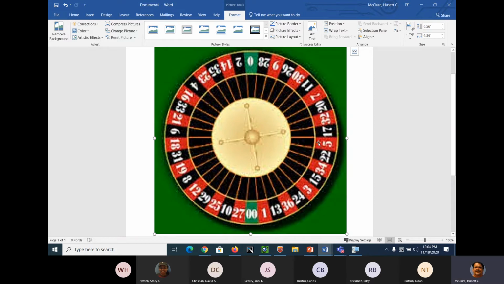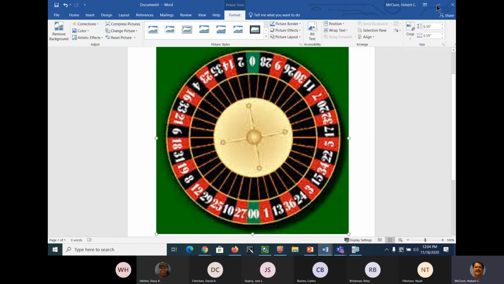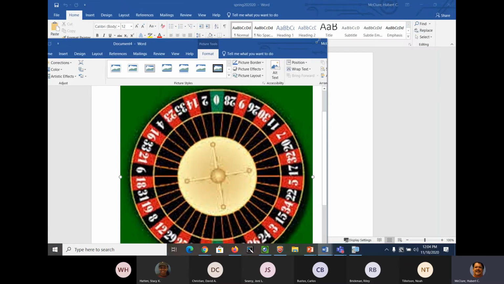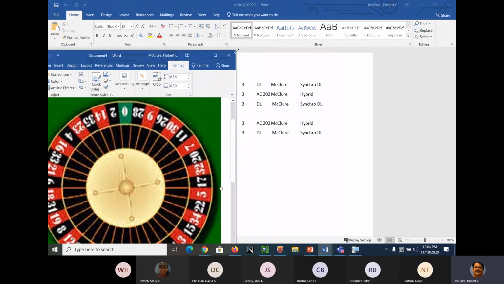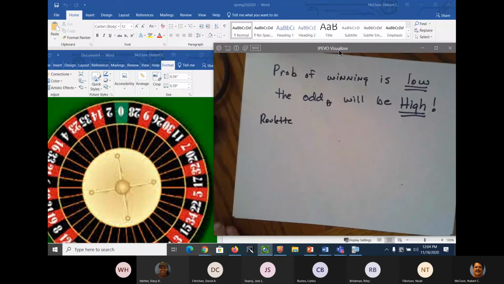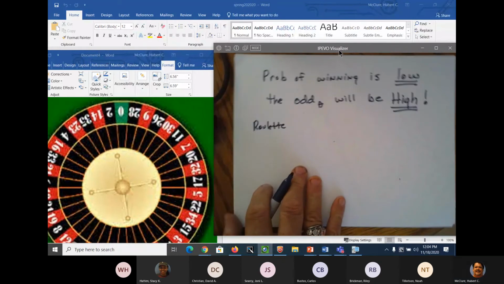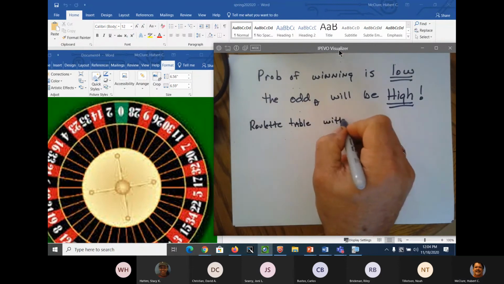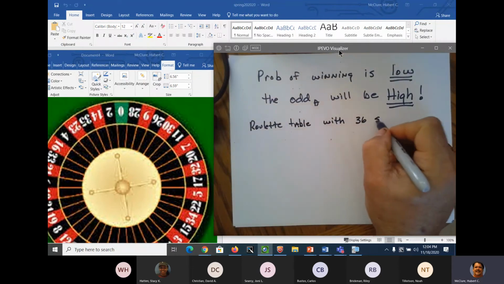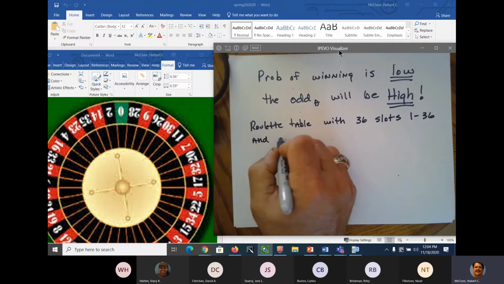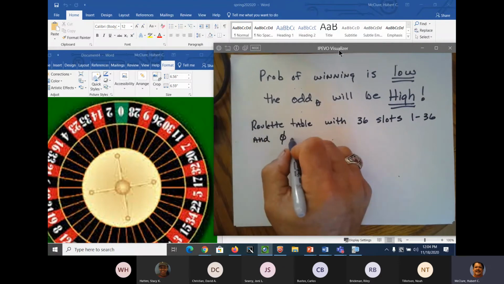I got a roulette table with 36 slots labeled 1 through 36 and 0 and 00.